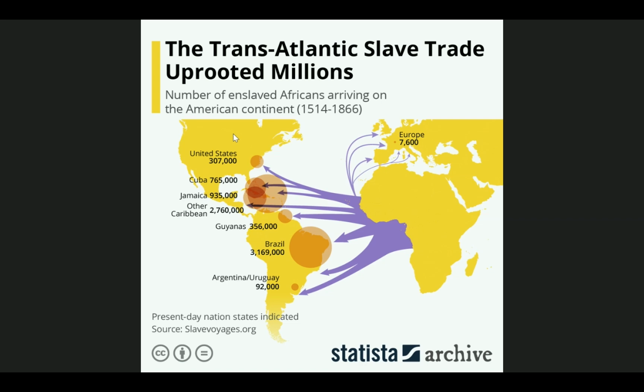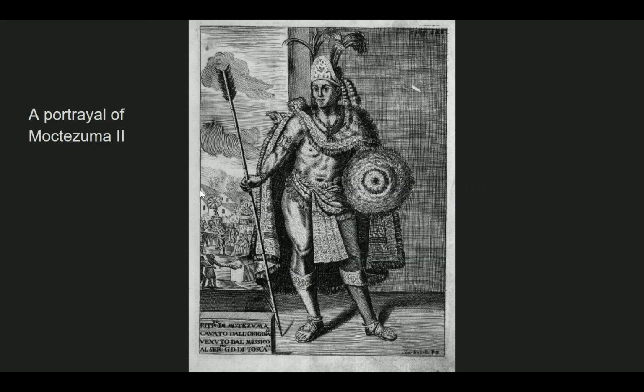So if we're coming to one of the evils of history, the transatlantic slave trade, we have America, about 307,000. Cuba, you may be familiar with, Jamaica, and then the Caribbean, 2.7 million. Brazil creates a similar caste system under the Portuguese with 3.1 million. But we have about 200,000 West African slaves that are shipped to Mexico.